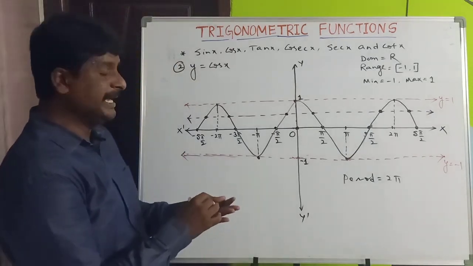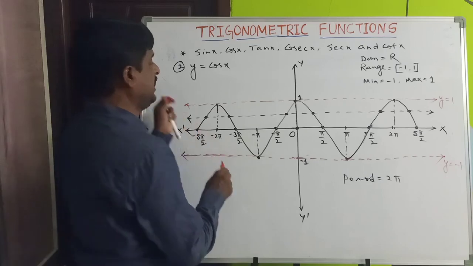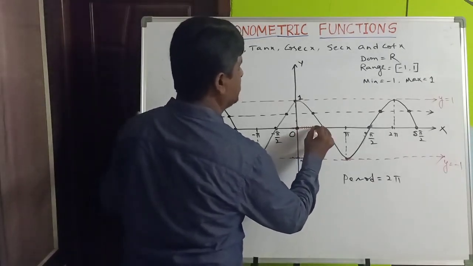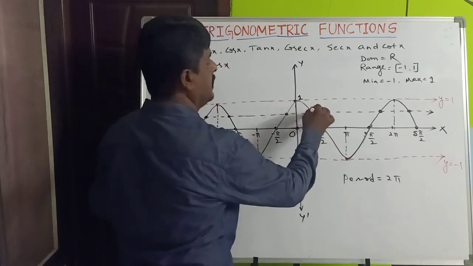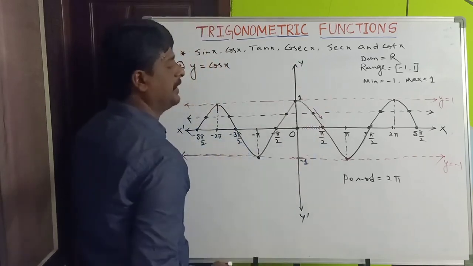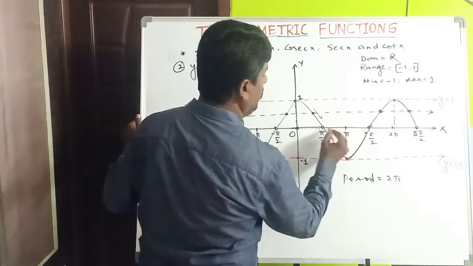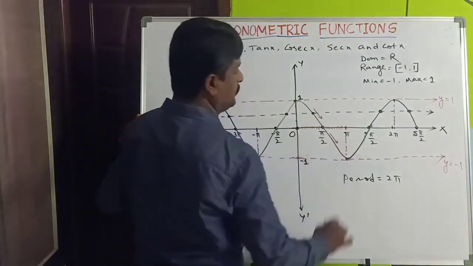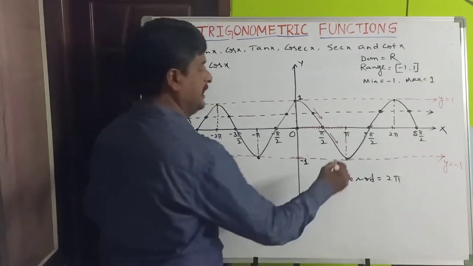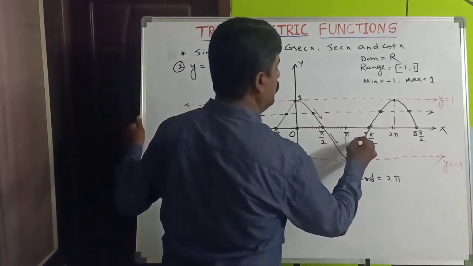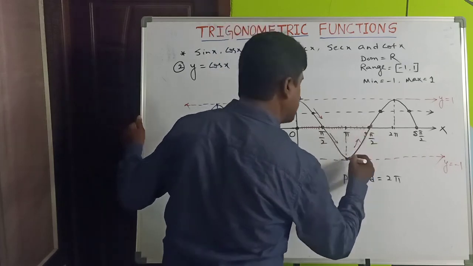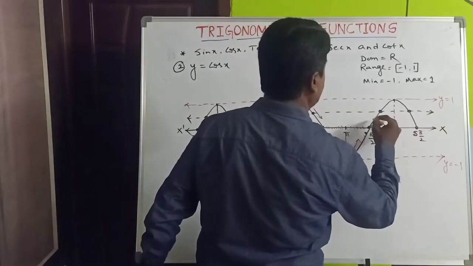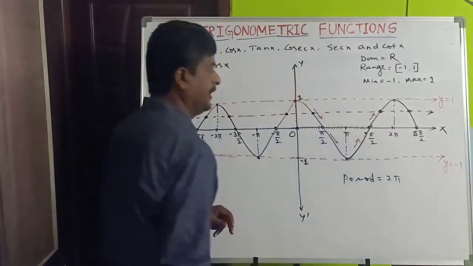What about its increasing and decreasing nature? Observe that from 0 to pi by 2 on the x-axis, x values are increasing, but corresponding y values are decreasing. Pi by 2 to pi, x values are increasing, corresponding y values are decreasing. Pi to 3 pi by 2, as x values are increasing, corresponding y values are also increasing. 3 pi by 2 to 2 pi, it is increasing.